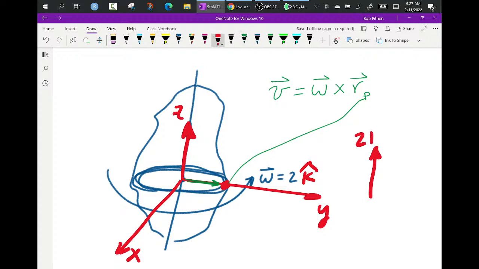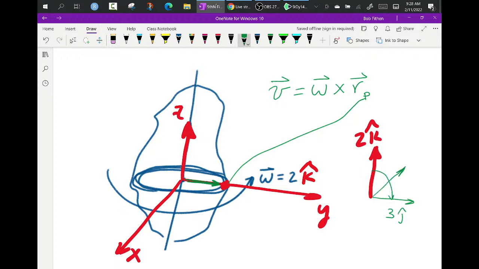So this is 2k. And then this other vector points out like this, and let's say this is 3j. If you take your hand and rotate the fingers here, your thumb will point this way.